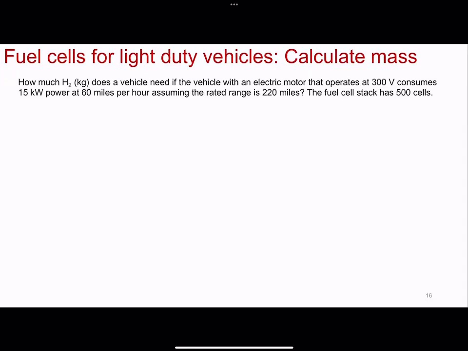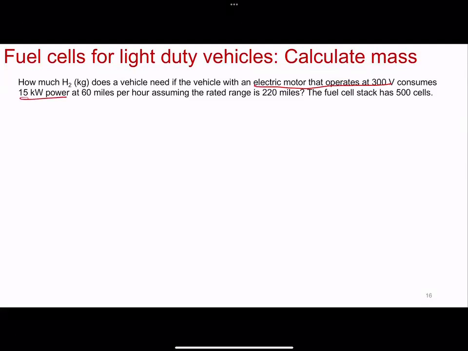So this goes back to Olivia's question again, how big are these things and how much hydrogen do we really need? So let's think about an electric motor. It's a 300 volt electric motor.